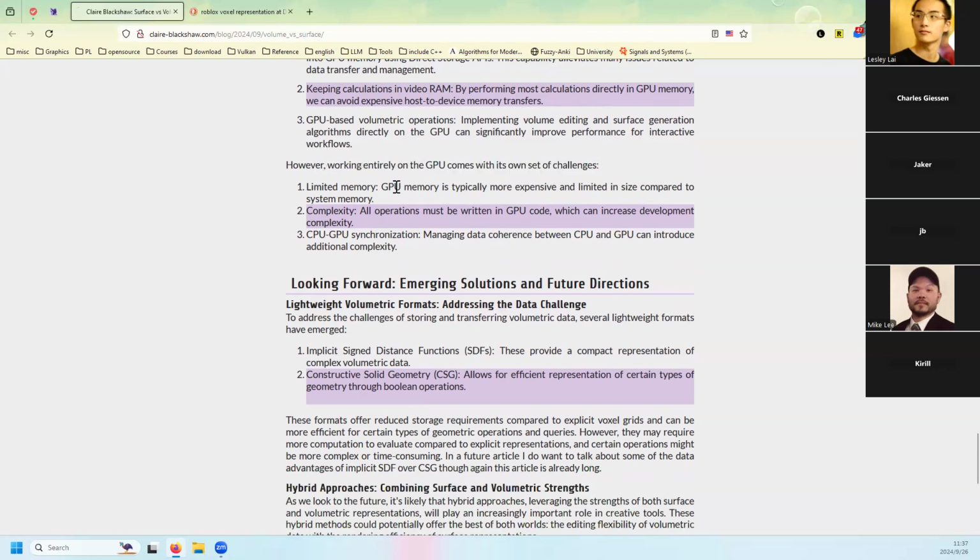Yeah, also GPU memory complexity, because GPU and CPU-GPU synchronization. If we ever need to read the data on the CPU side, then there's a data coherence issue. Yeah, which will actually happen unless we only do rendering. Then it's likely we need to read the data on the CPU side.